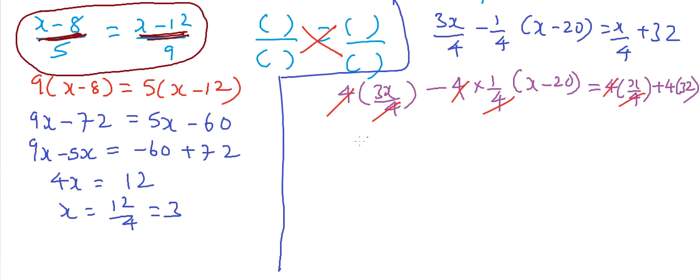You should not forget to multiply this term by 4. So now we are left with 3x minus x minus 20 is equal to x plus 4 into 32, so 128.